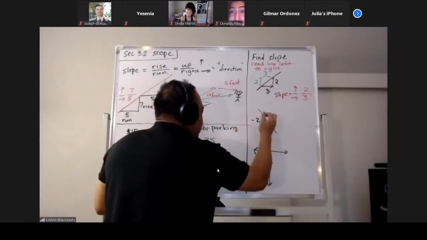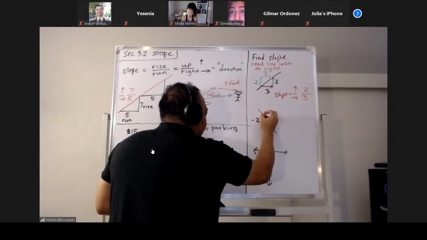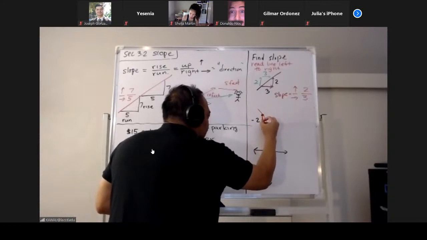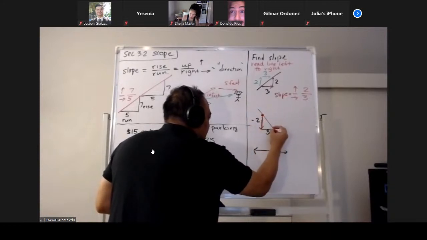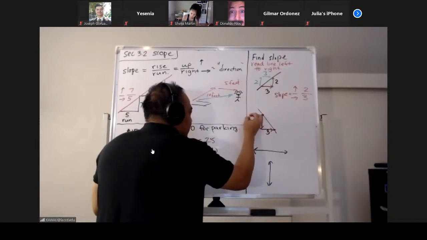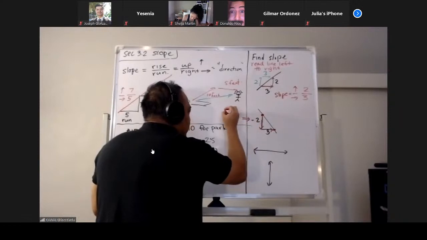Now, because we are reading left to right, when I'm going from here to here, this is the leftmost location. I'm going down and then to the right. So whenever we do down, that makes it a negative, right? It's negative because it's down.